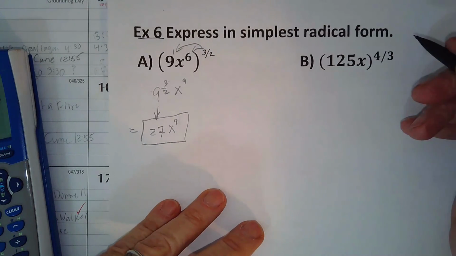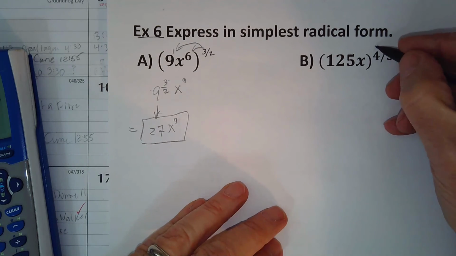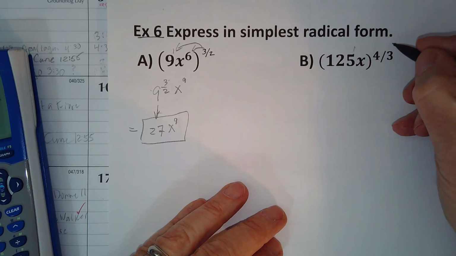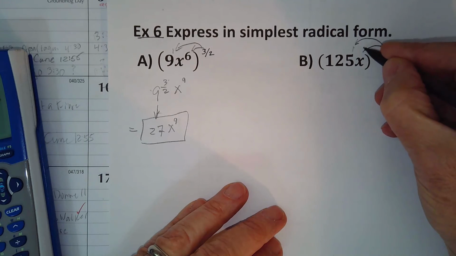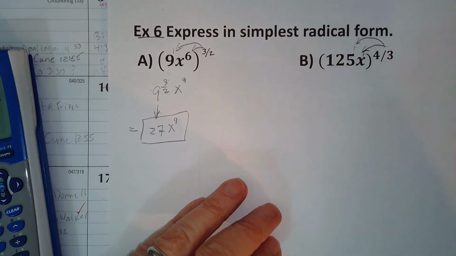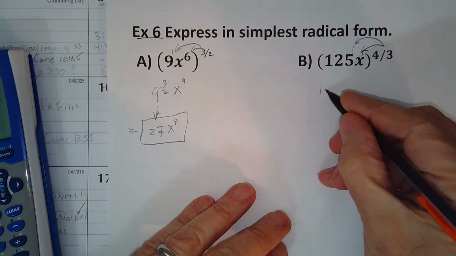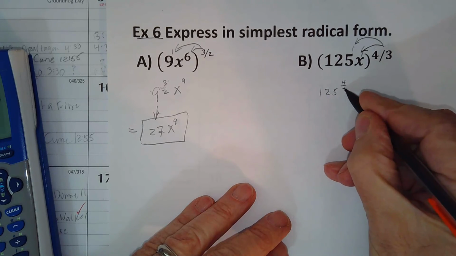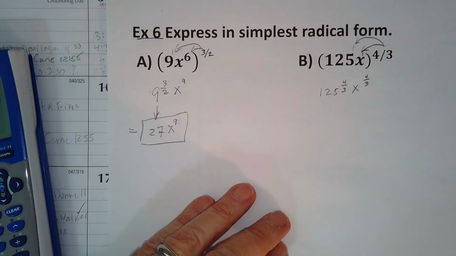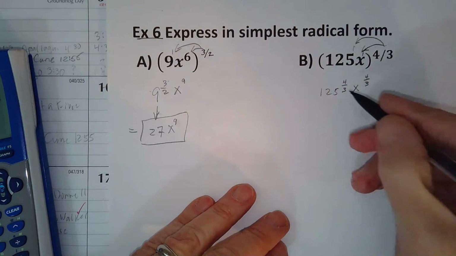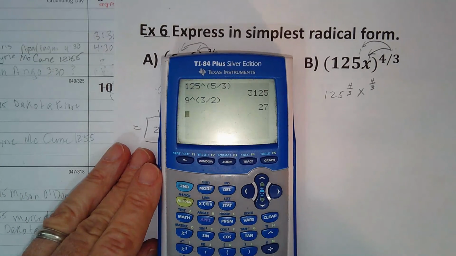All right, so this is 4/3, and we're going to distribute that again. Remember, this is 125 to the first, so we distribute to the 125 to the first and to the x to the 1, which is also 1. That makes it easy. So we've got 125 to the 4/3 times x to the 4/3. Let's test the 125 to the 4/3.